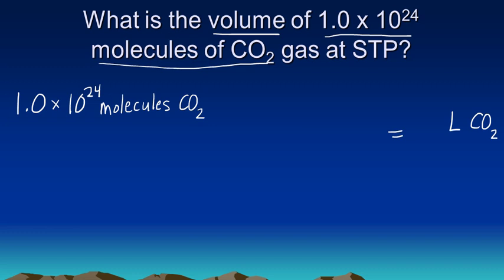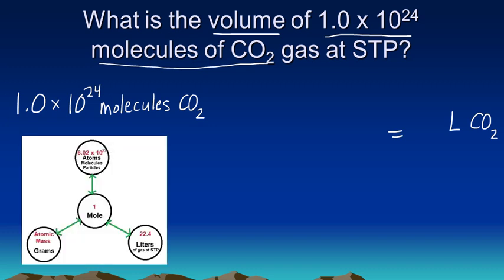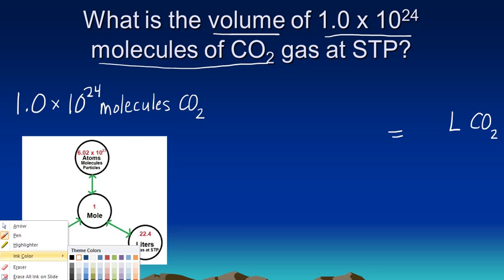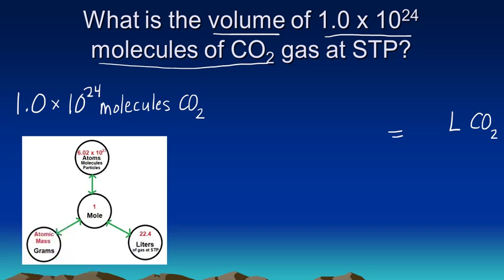Now let's refer to our mole diagram again to see how many steps we have. And if we look at our mole diagram again, change back to red ink here, we can see that if we're going from molecules to liters, well, here's molecules up here, and the first step to get from molecules to liters will be convert to moles.